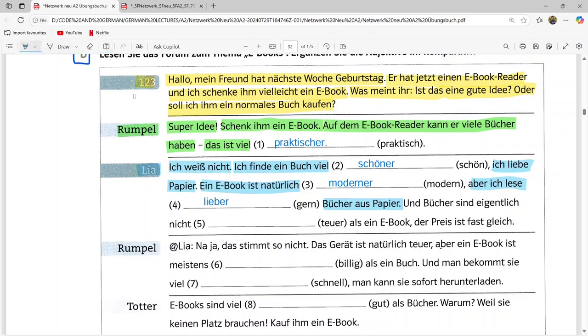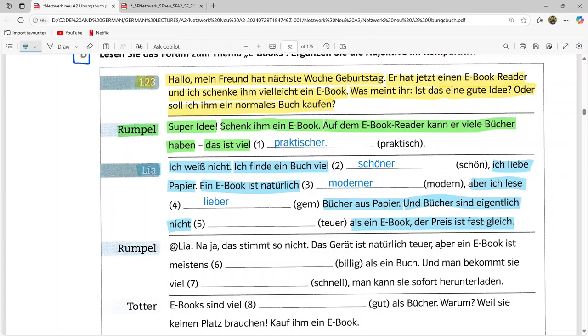Okay. Next one. Und Bücher sind eigentlich nicht blank teuer, so teurer als ein E-Book. Der Preis ist fast gleich. Okay. So she is saying that a book is not very much costlier than the e-book.